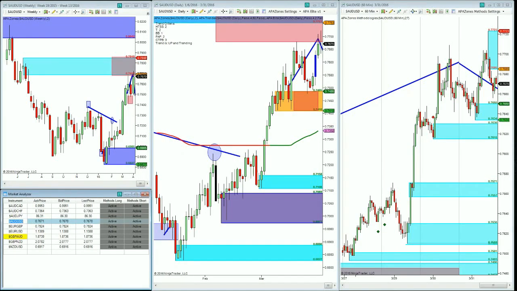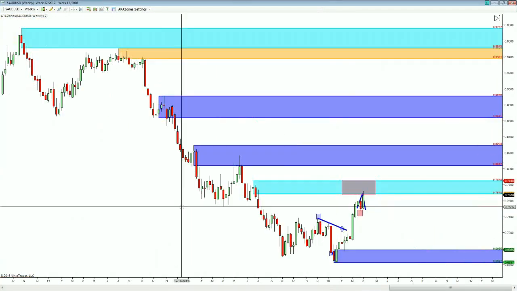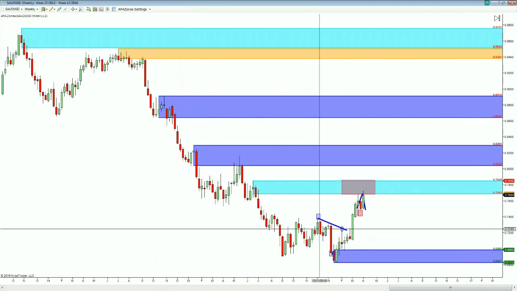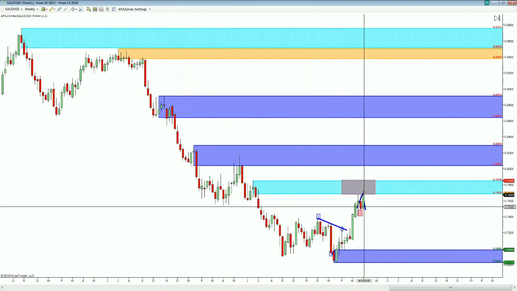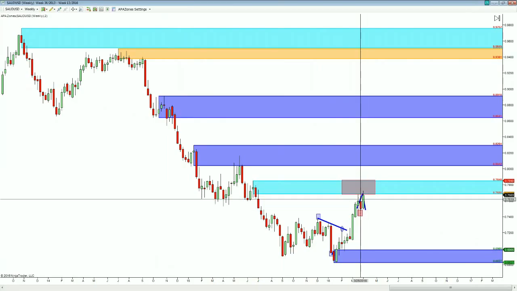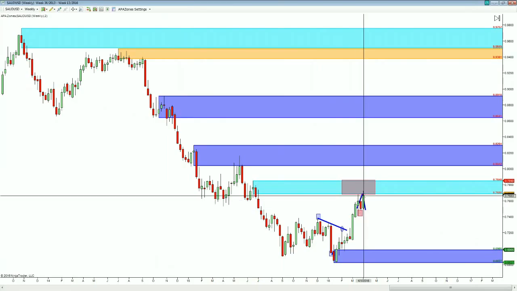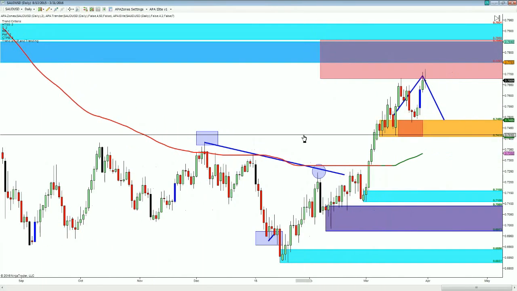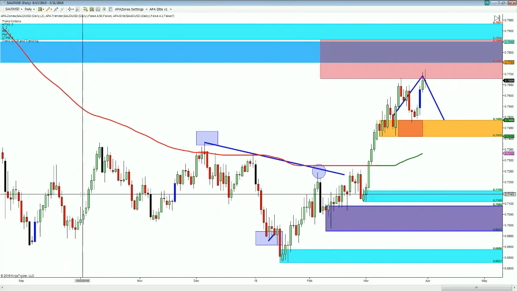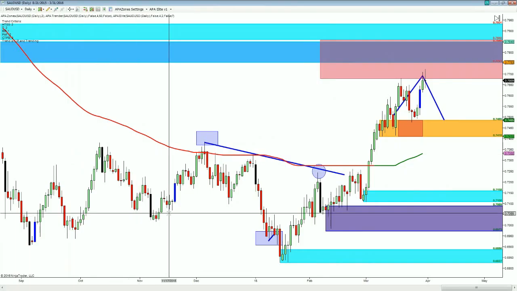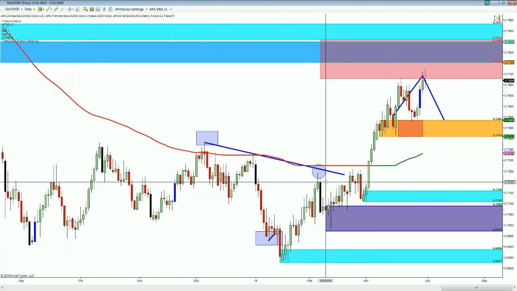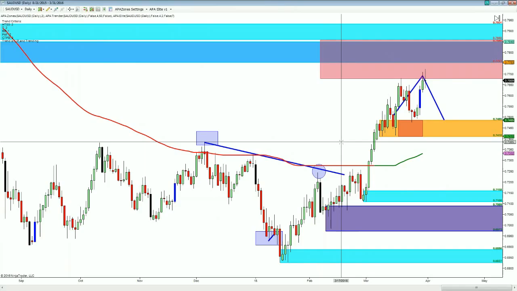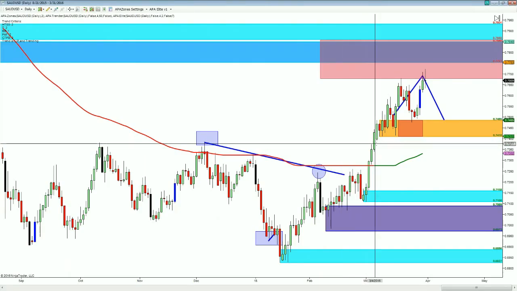I'm William. We're going to dive into the Aussie dollar here for a few minutes and talk about it. Here on the Aussie dollar, we find ourselves back at a fresh weekly supply zone. We're just making contact with it over the past week, and as you can see on the daily, this Aussie dollar was in quite a big range here on the daily, and we just broke above the range just recently, a couple weeks ago, maybe.